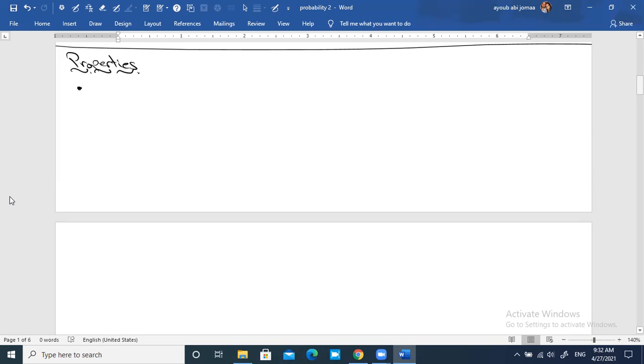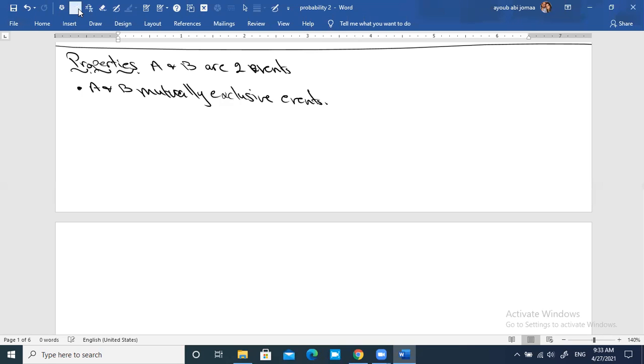If A and B are mutually exclusive, where A and B are two events of an experiment, then what is the probability of A intersection B?